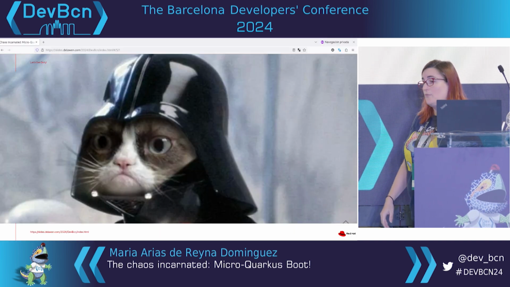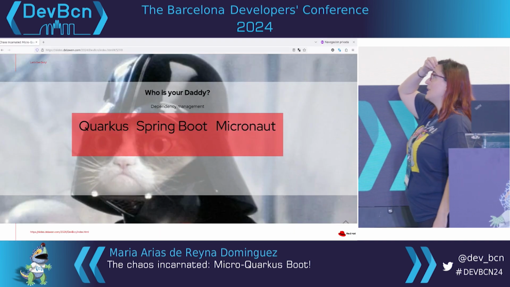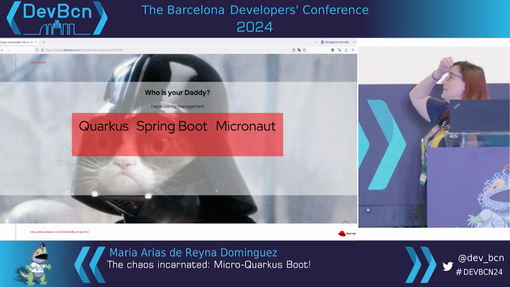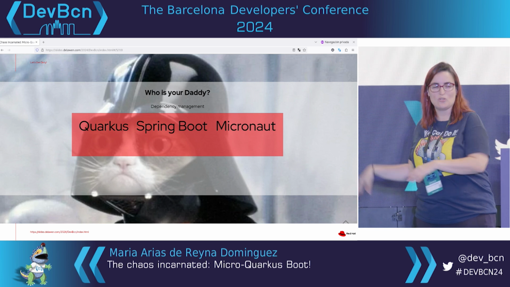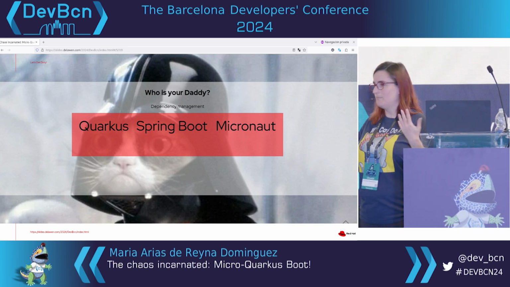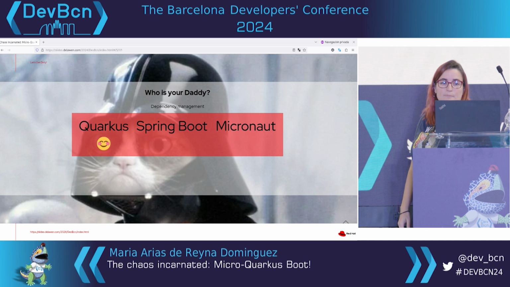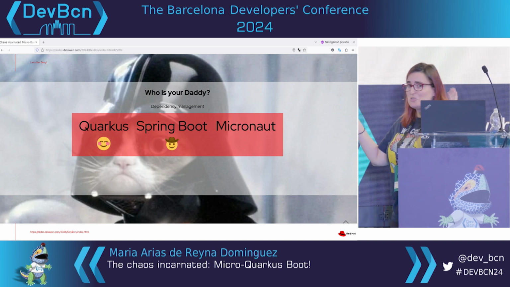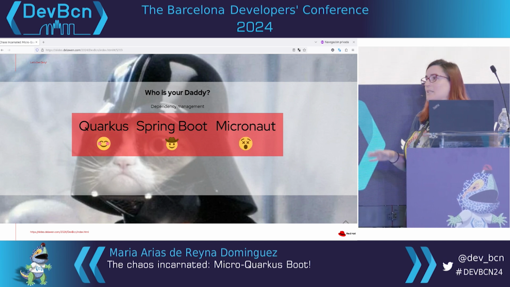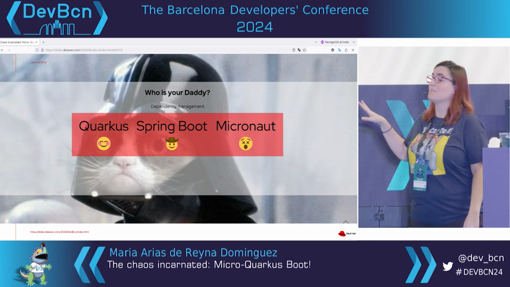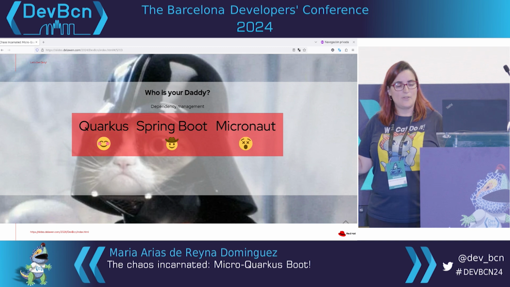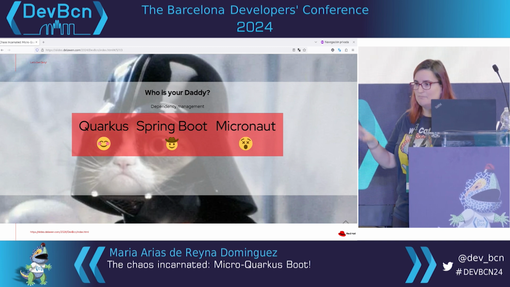So the first thing is, can I really separate the dependency management and keep it clean, so when I change from one framework to another, is it going to be clean? Well, yes for Quarkus. Spring Boot, mostly yes. But Micronaut, I'm sorry, I couldn't find a way of doing this cleanly. It needs the parent, and it's very annoying when I start coding it.